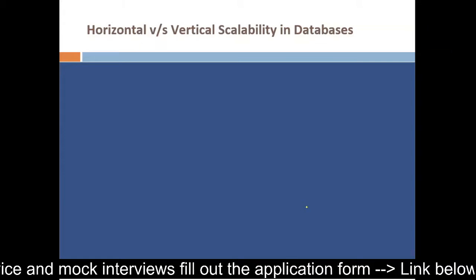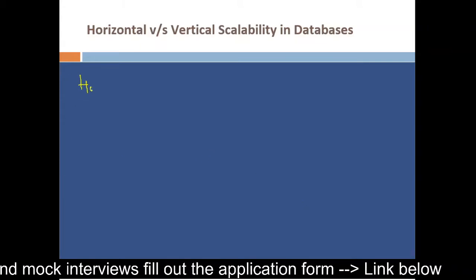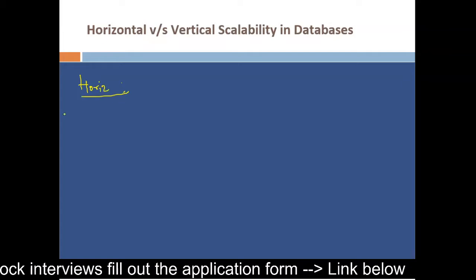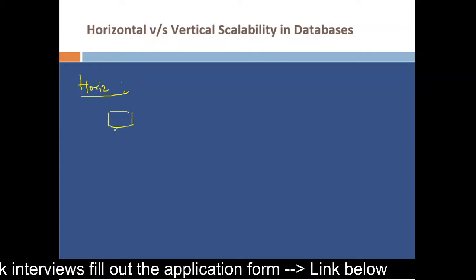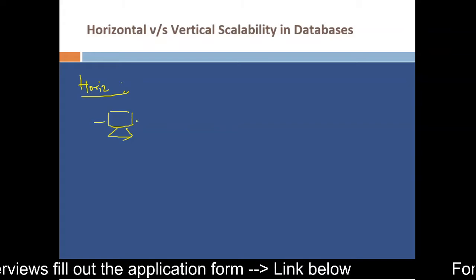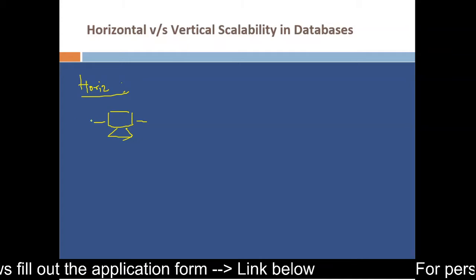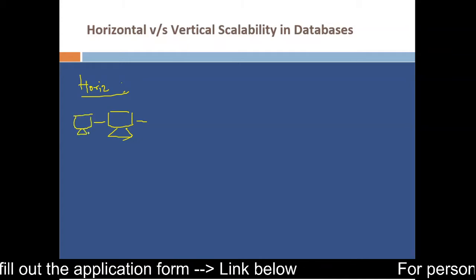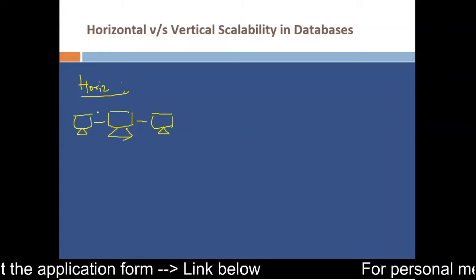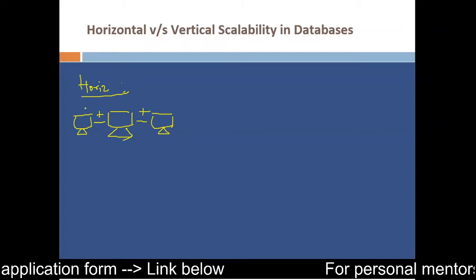So let's understand the two scalability structures in the following way. When we are discussing horizontal scalability, what we are saying is that suppose you have this particular machine or a computer that you are working with. Now, if you want to increase the power of your system, you can add other systems or computers to this network. So if you're adding these computers, this is a horizontally scalable architecture.